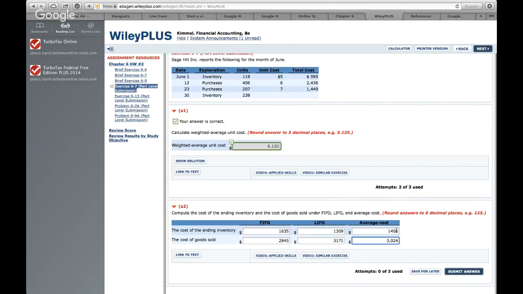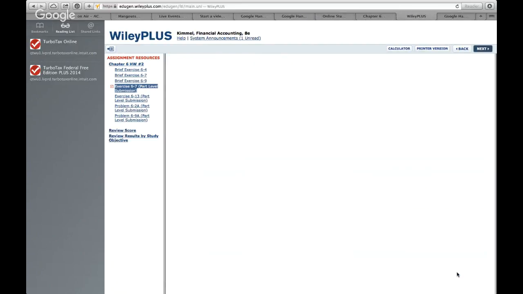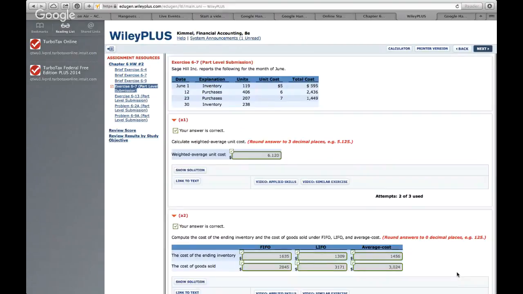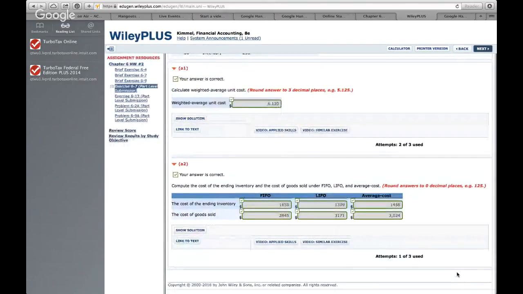Okay, with this, I subtracted, sorry. So the average is just subtracting the $4,480 minus the $1,456, and that's how I got this, which we will see if any of these answers are correct. Okay, and they are.